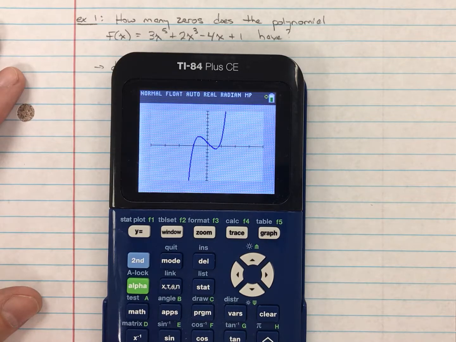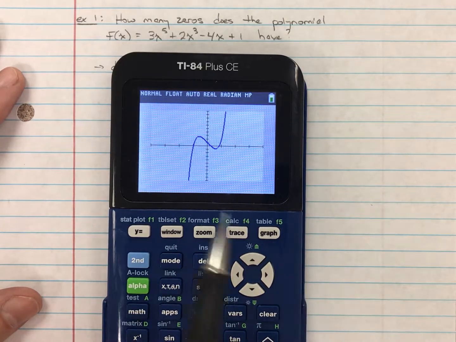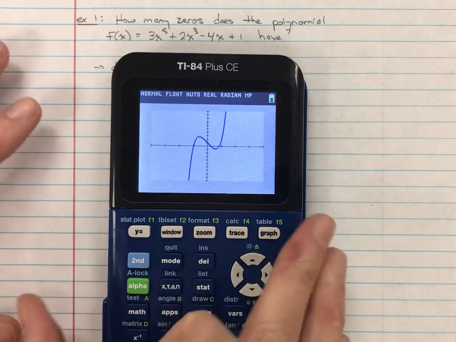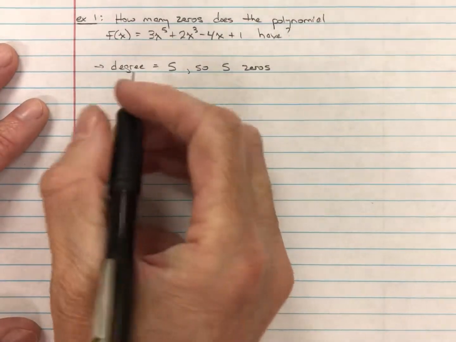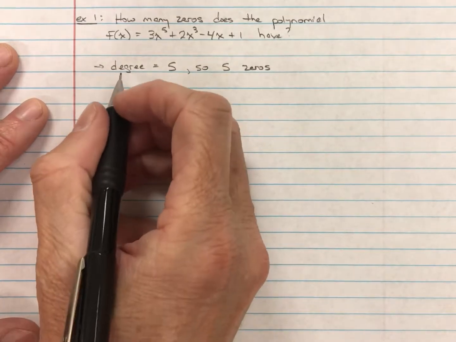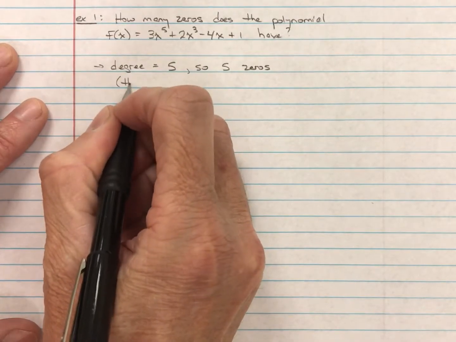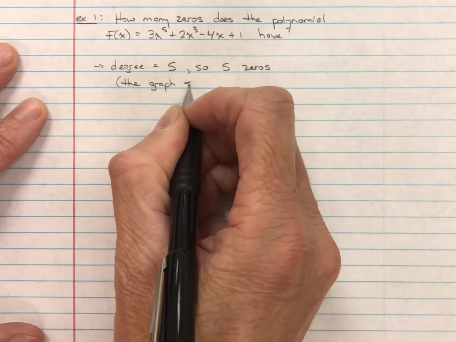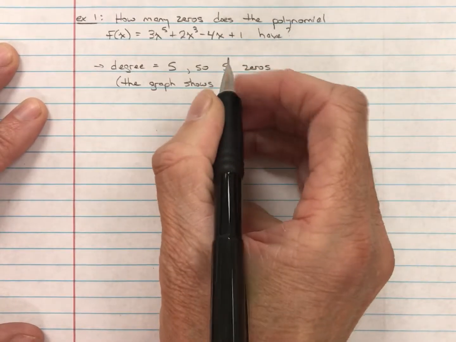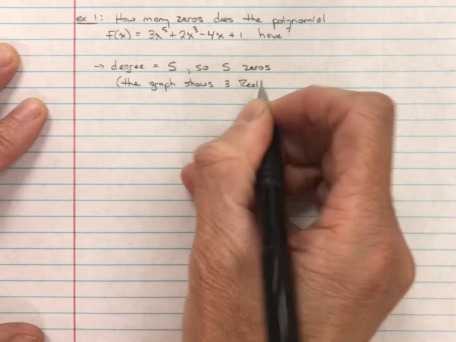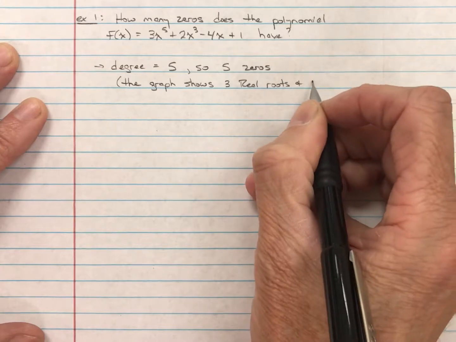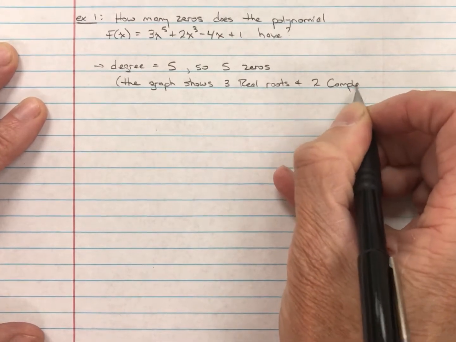Okay, so this looks like we have 1, 2, 3 real roots, or real zeros, which means we're going to have 2 that are complex when we do the math. So the graph shows 3 real roots and 2 complex roots.